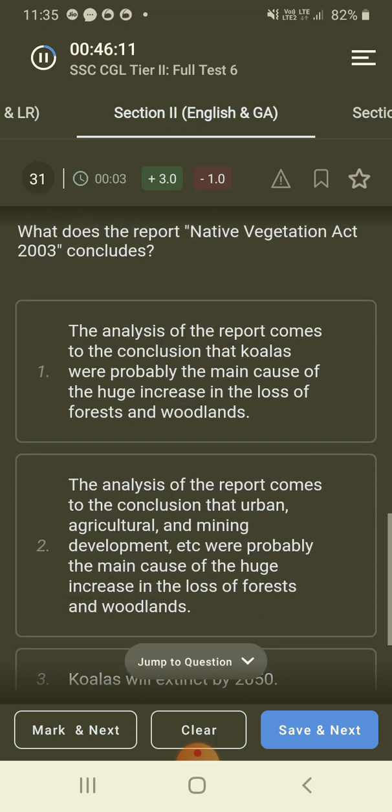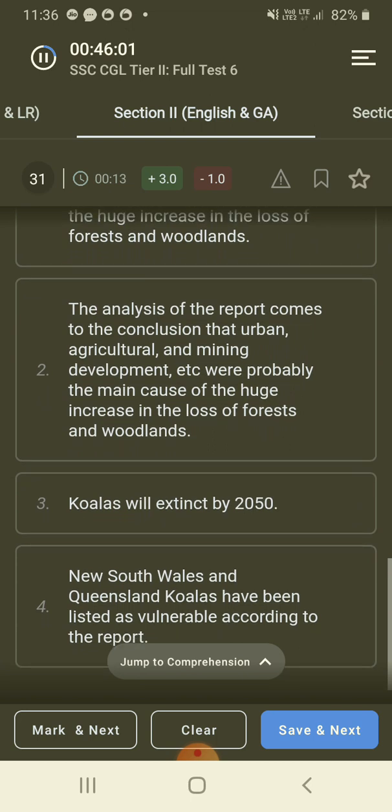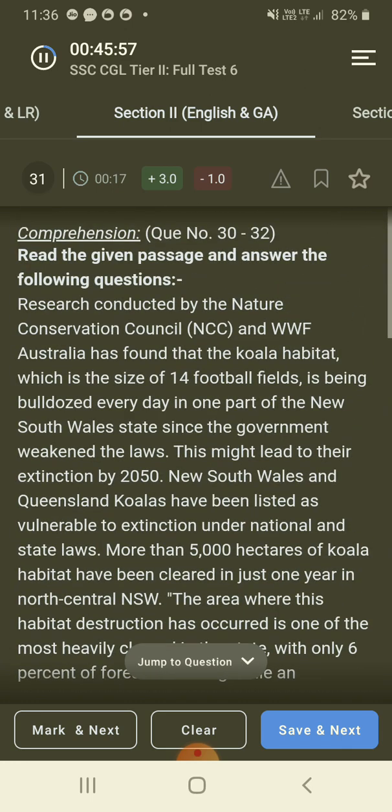What does the report on the Native Vegetation Act 2003 conclude? New South Wales and Queensland koalas have been listed.